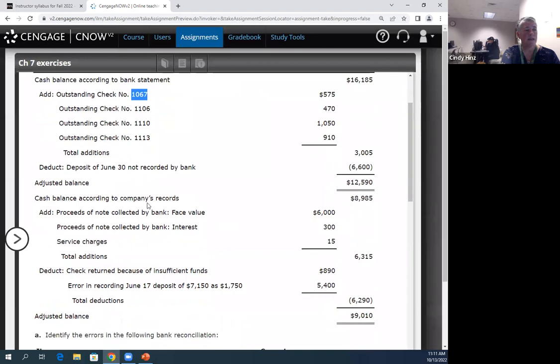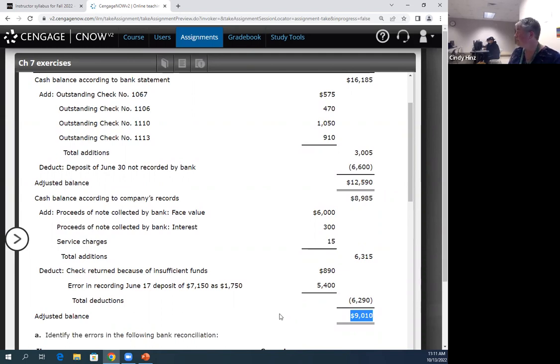What else do we see on here? So there's the adjusted balance for the bank. But what do we notice? It doesn't match the adjusted balance for the company. So is this a good bank reconciliation? Are we going to call this good? No, because those two numbers have to match.